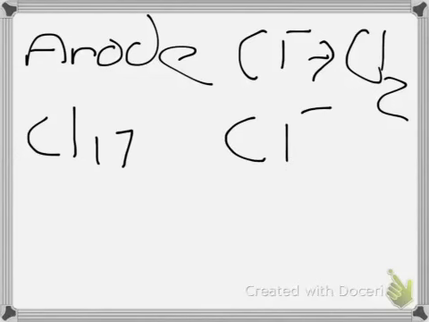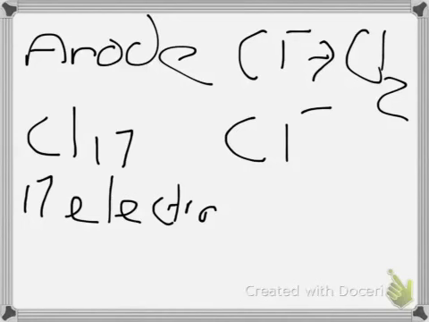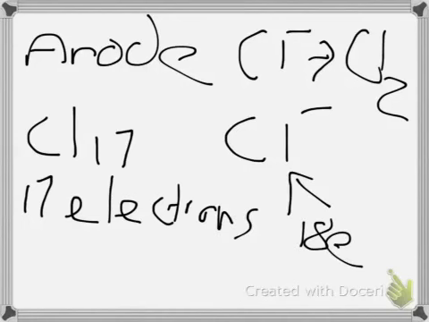Chloride has gained an extra electron, so chlorine has 17 electrons and chloride has 18 electrons.